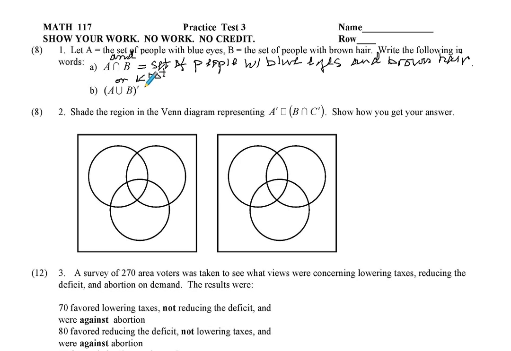So one way to say this is that this would be the set of people with neither blue eyes nor brown hair. If it's not the case that they have blue eyes or they have brown hair, then they'll have neither.